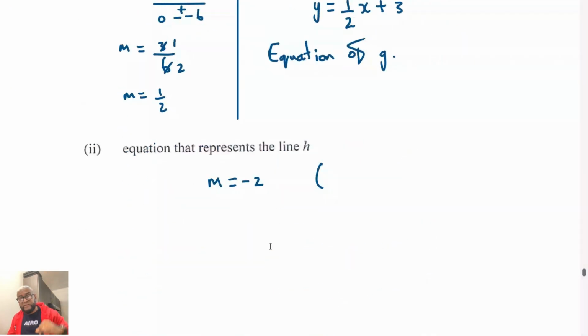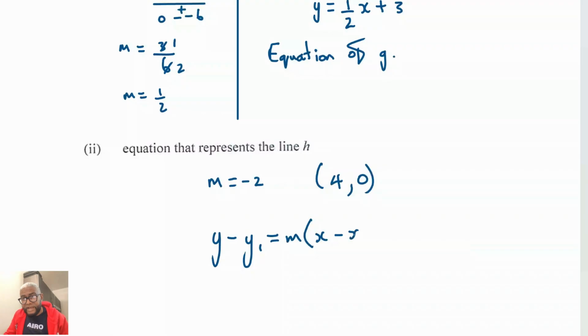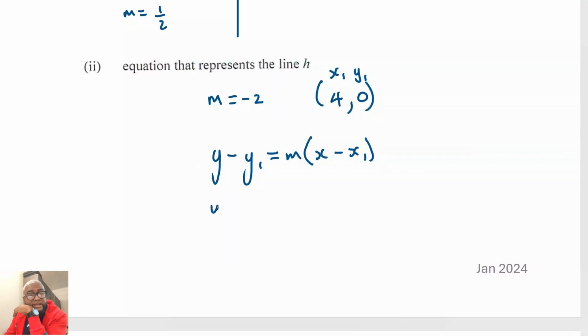We have the gradient of H. So you know what formula we could work with? This is (4, 0). We could work the formula y minus y1 is equal to m open brackets x minus x1. This is x1, this is y1. Everybody good there? So let's plug in. y minus 0 is equal to -2 open brackets x minus 4.